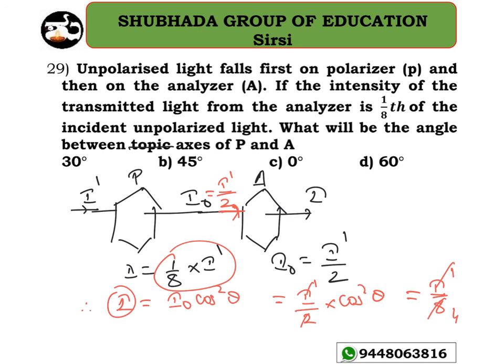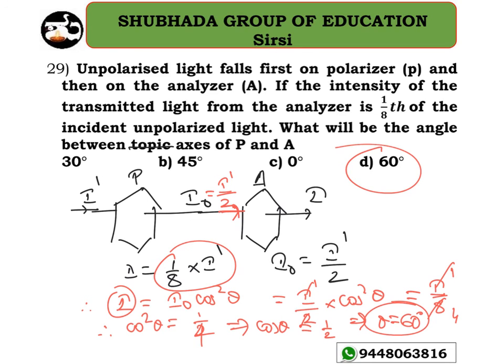So therefore cos square theta equal to 1 by 4. It implies cos theta equal to 1 by 2. It implies theta is equal to 60 degree. So that's the reason why option D is the right answer for this question. Very good question. Please try to understand the concept behind this particular problem.